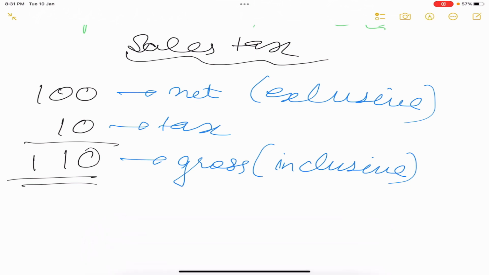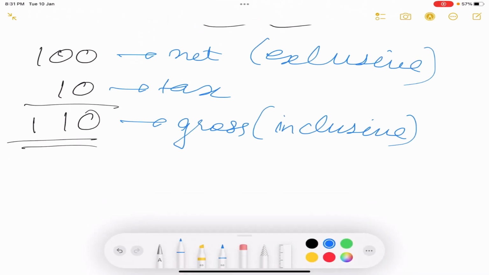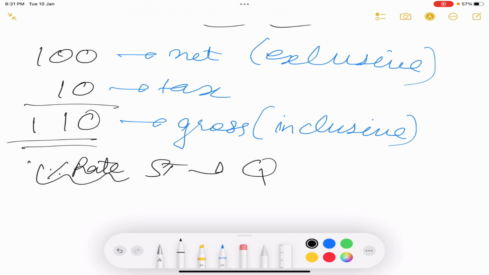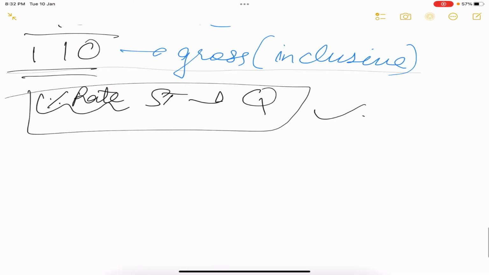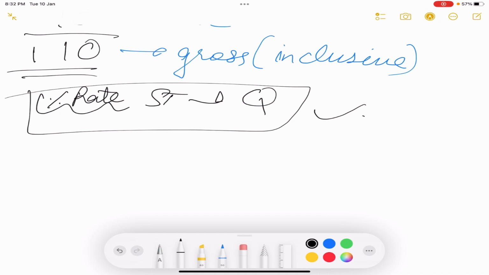Now there are two ways to calculate the sales tax. Always the rate percentage of the sales tax will be given in the question. No doubt about that, right? Now, I hope you have written all the formulas. So we have a case: net value is given.